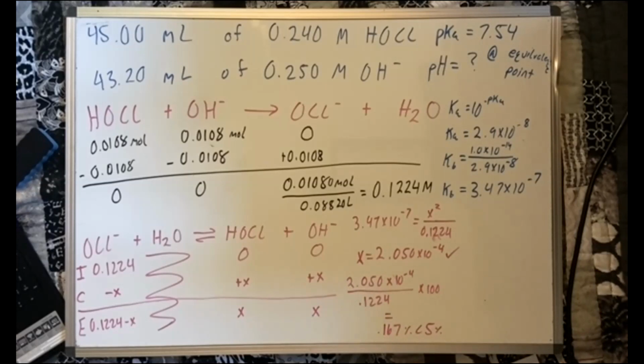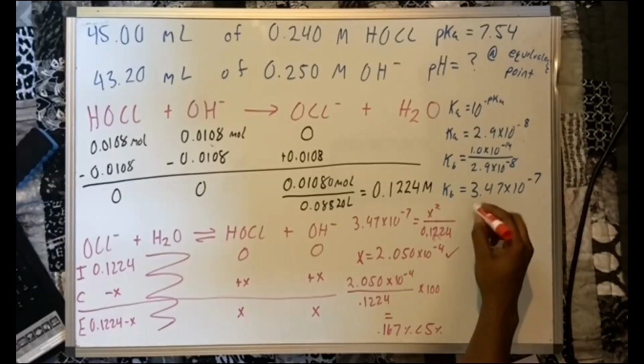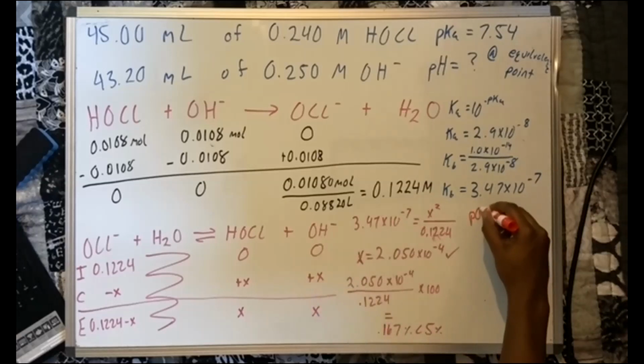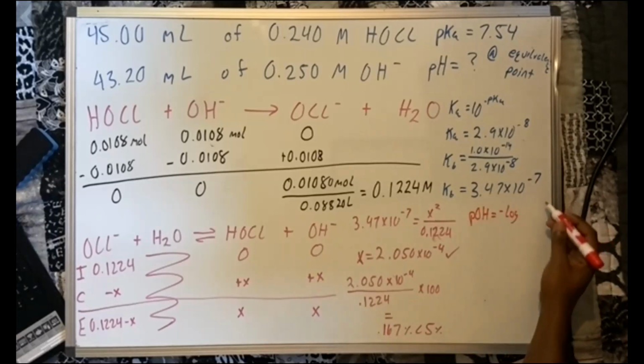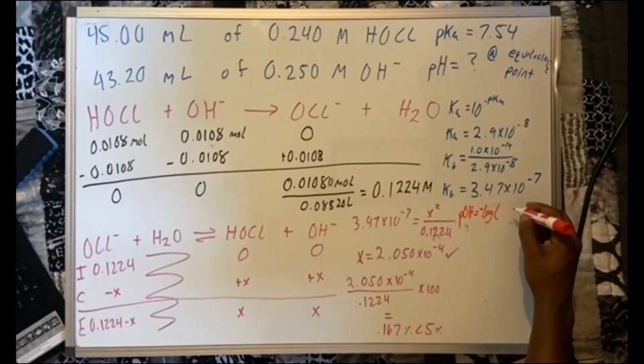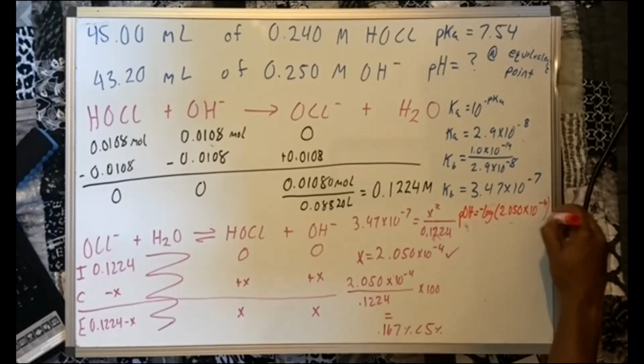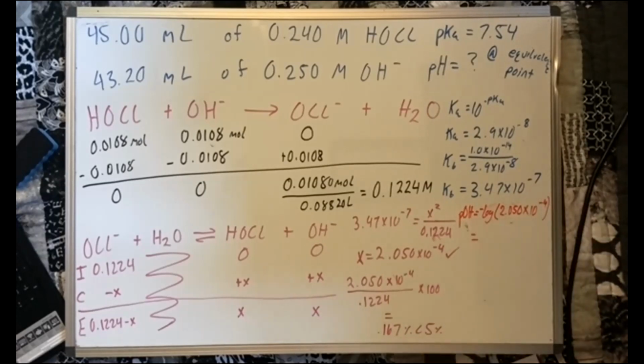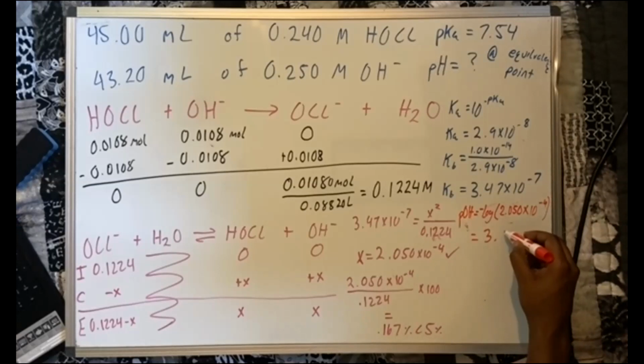Almost there. Finally, I can get my pOH, since it's the OH concentration. pOH equals negative log of 2.050 times 10 to the negative 4, which is 3.6884.